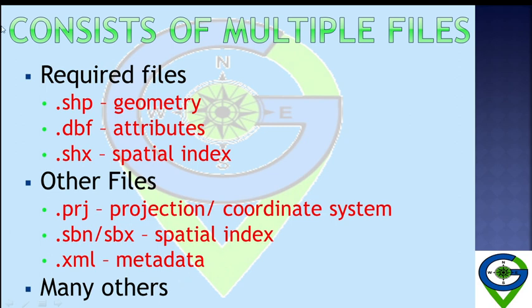Then there are many other files also, like .fbn and .fpx, that store a spatial index of the features that are read only. Then there is .ain or .aih, which stores an attribute index of active fields in a table. .ixs is a geocoding index for read-write databases. .atx is an attribute index for the file in the form of shapefile column name .atx.